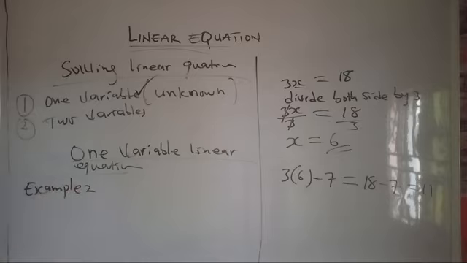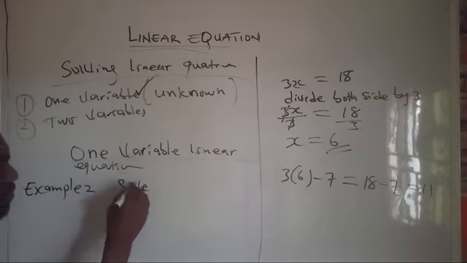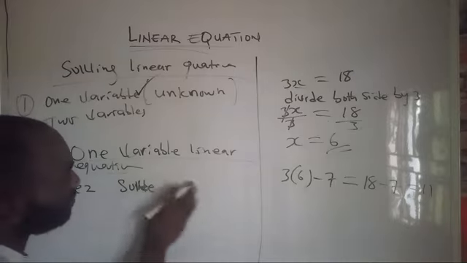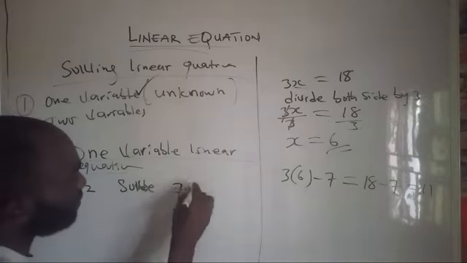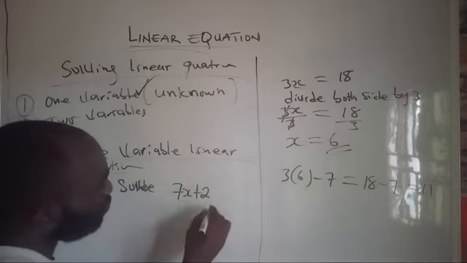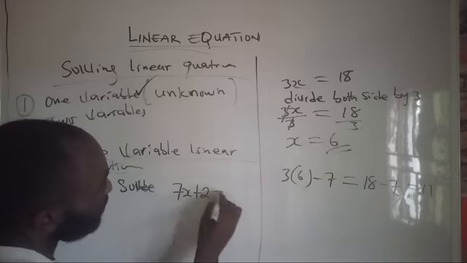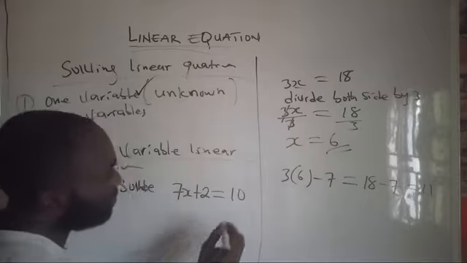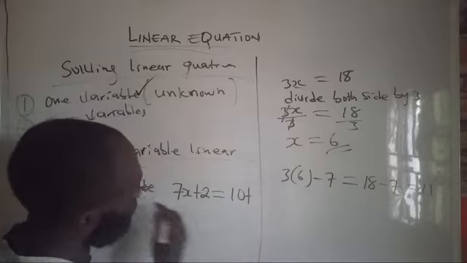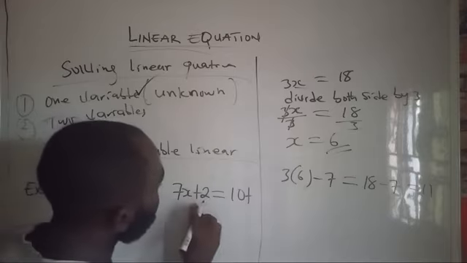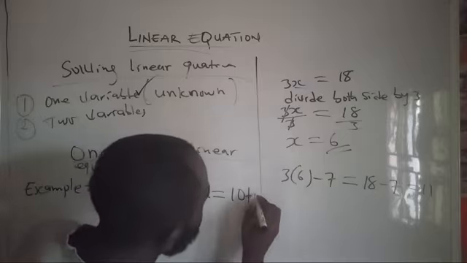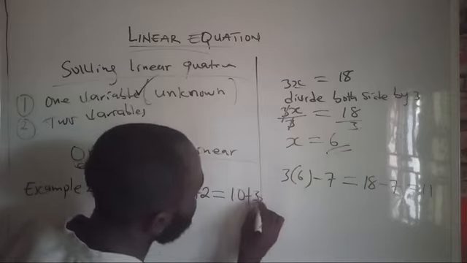So here you can say solve 7x plus 2 is equal to 10 plus 3x.